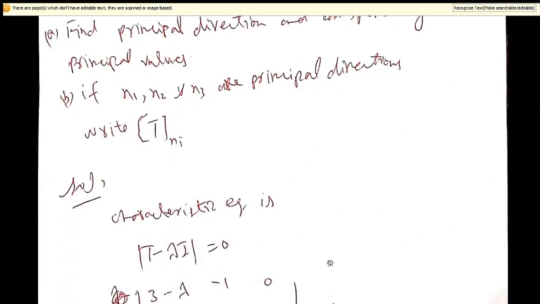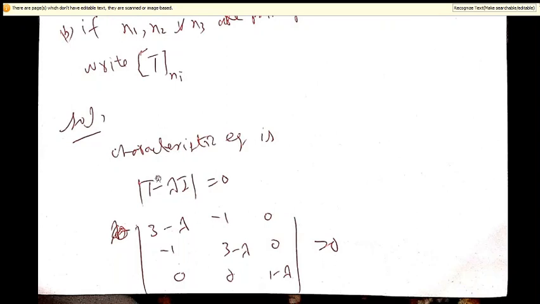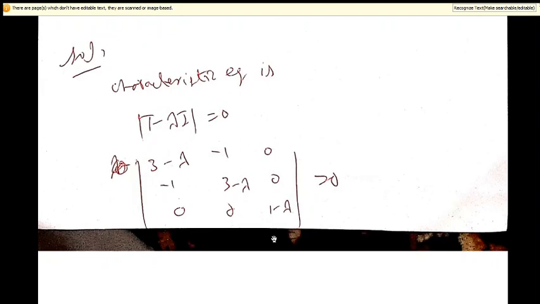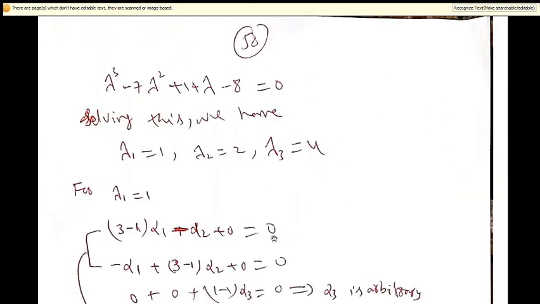To find the principal values, we have this characteristic equation: lambda cube minus 7 lambda square plus 14 lambda minus 8 equals 0. By solving this, we have eigenvalues lambda 1 equal to 1, and lambda 2 equal to lambda 3 equal to 4. These are the principal values of tensor T.